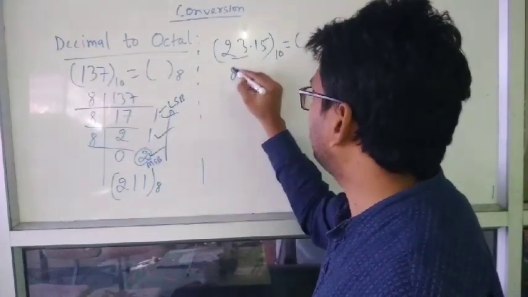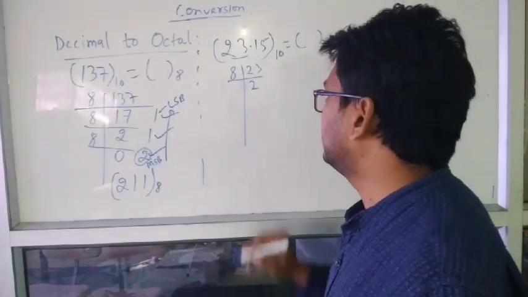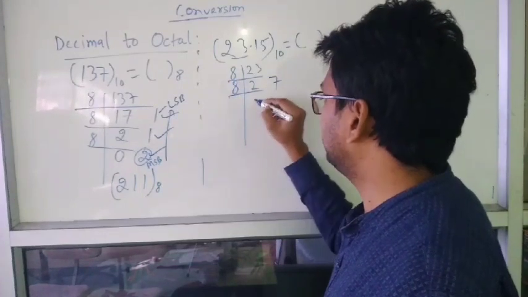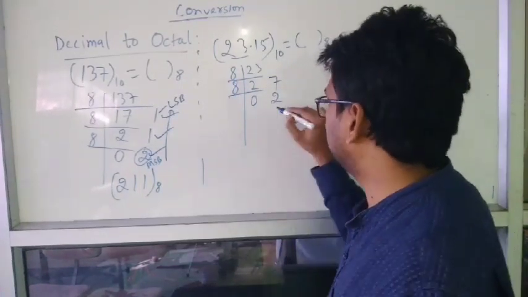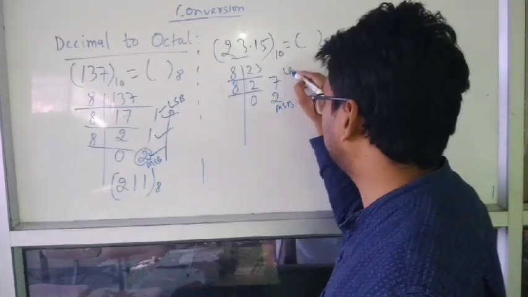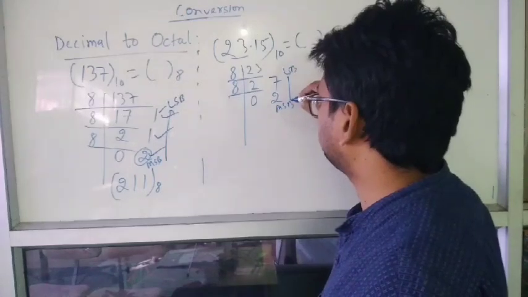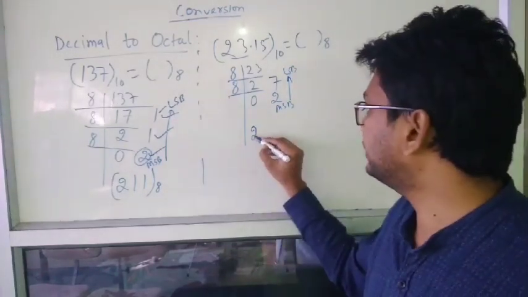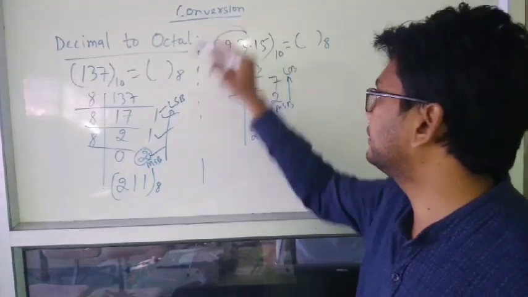We have to divide it by 8: 23, so 8 2s are 16, then the remainder comes 7, then again we divide by 8, we cannot divide it, so the answer will be 0 and the remainder comes 2. This is the MSB part and this is the LSB part, and we write the data from bottom to top, so the answer will be 27 for this particular value.